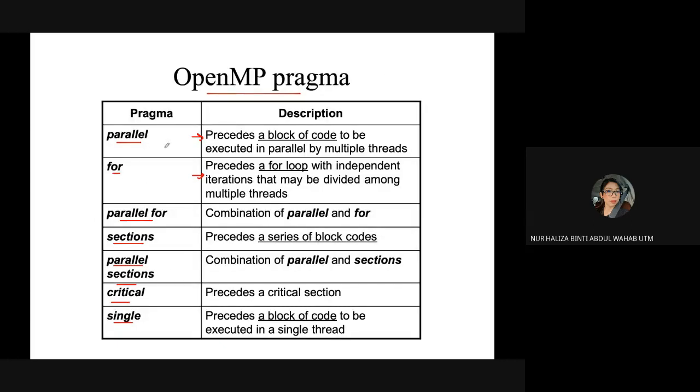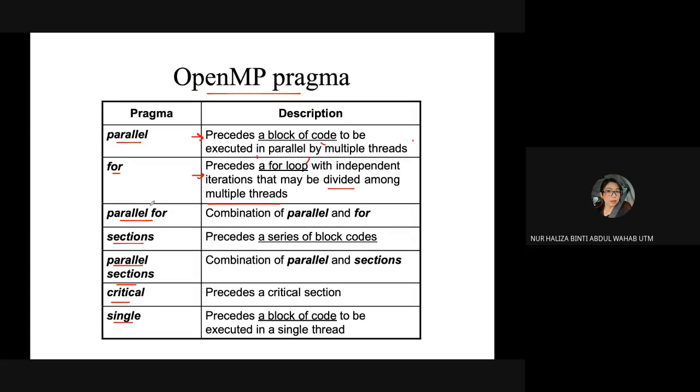So maybe you can take a look one by one. Pragma parallel precedes a block of code to be executed in parallel by multiple threads. And for is a for loop with independent iterations that may be divided among multiple threads.